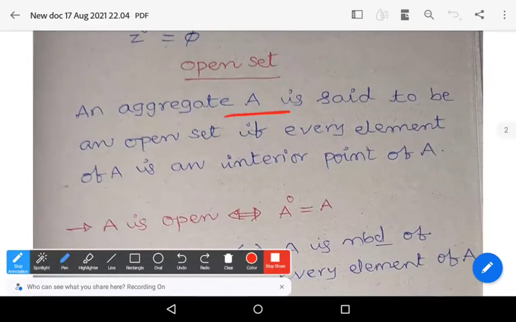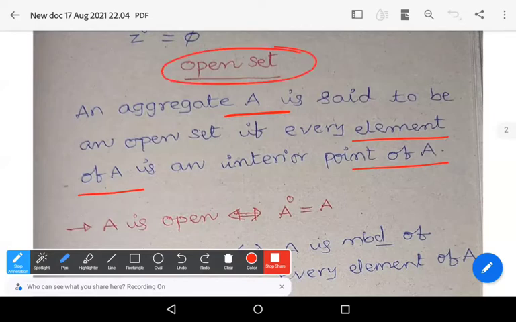An aggregate capital A is said to be an open set if every element of capital A is an interior point of A. So a set is called an open set if every element which lies in the set must be an interior point.